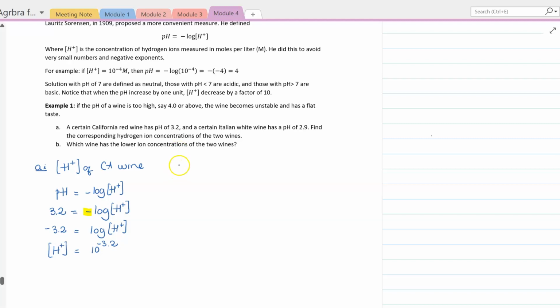That's part 1. Now for part 2, we want to find the hydrogen concentration of the Italian wine.